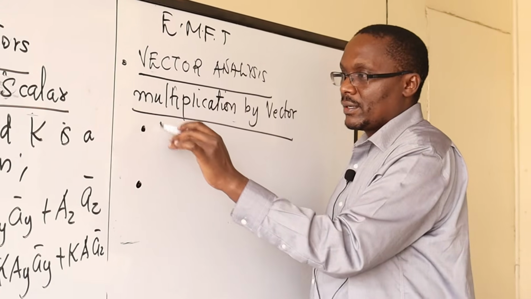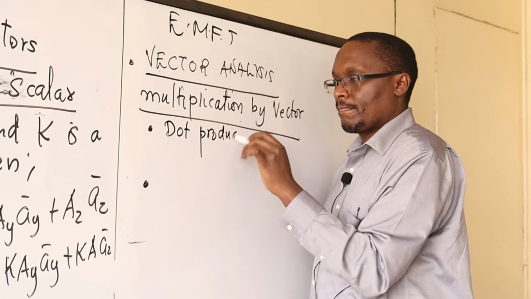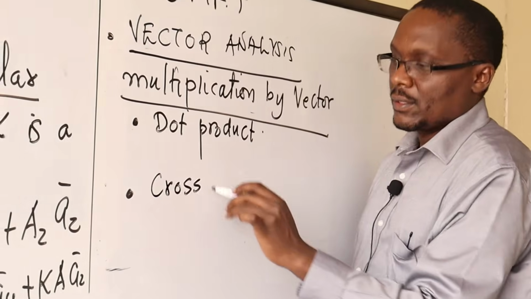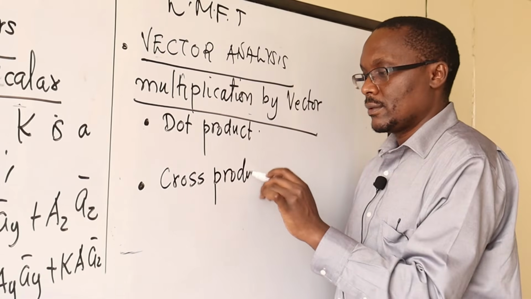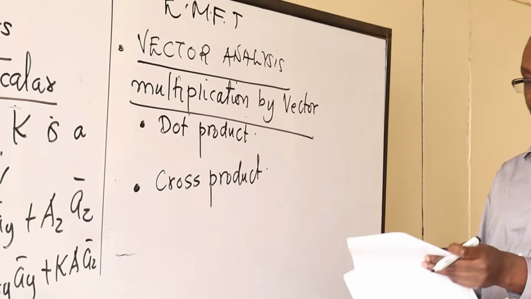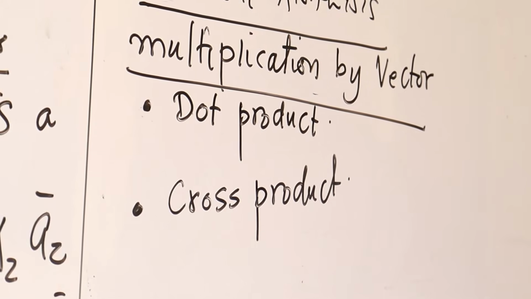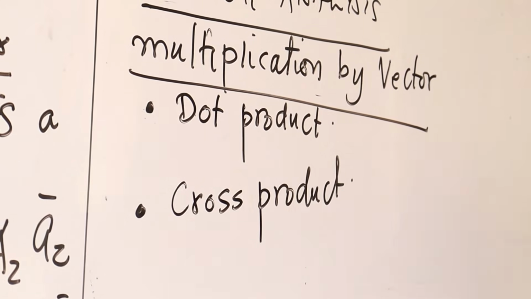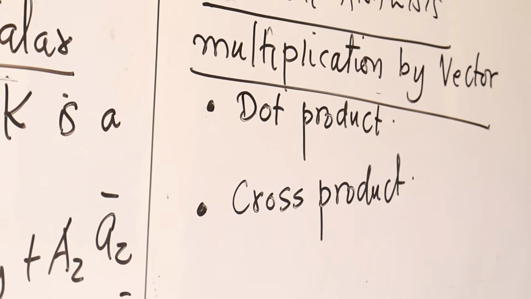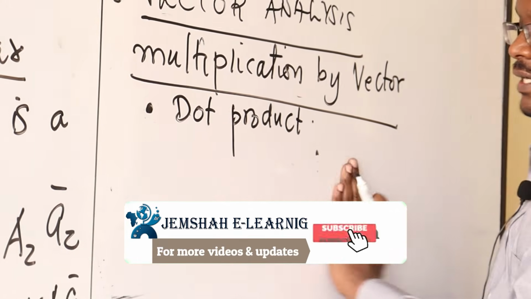We have one, the dot product, and the second one is the cross product. So these are the two ways that we can multiply a vector, through dot and cross product.